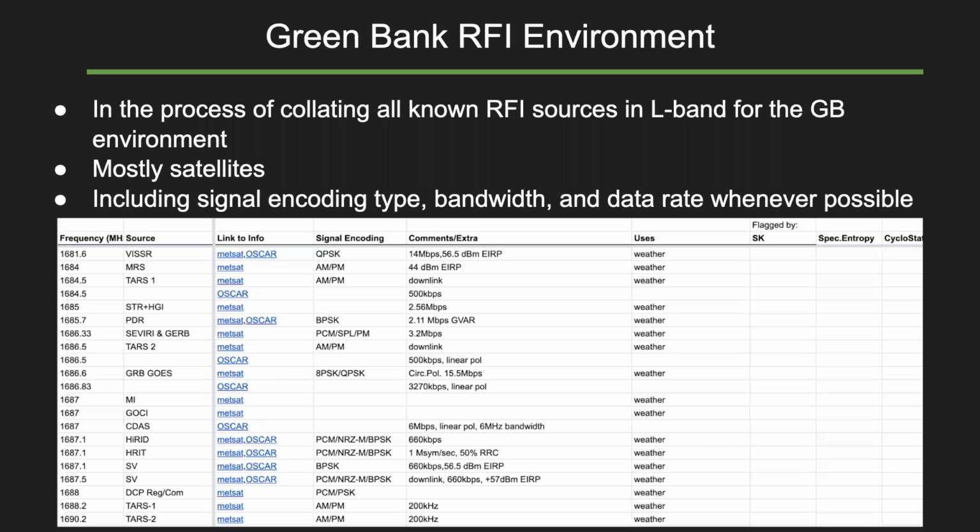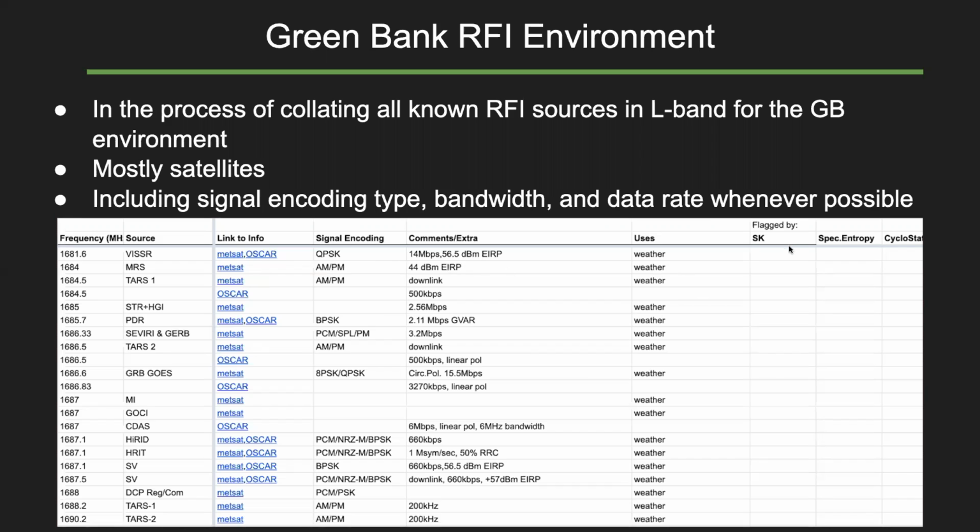Oh yeah, I'm also doing this as well. I've been putting together a spreadsheet of all the satellite and terrestrial L-band possible RFI signals that we might be able to see in some of our data. I'm just trying to collate it all in a big spreadsheet with some links to extra info, where the RFI is from, and any kind of extra info like encoding or strength or bandwidth.